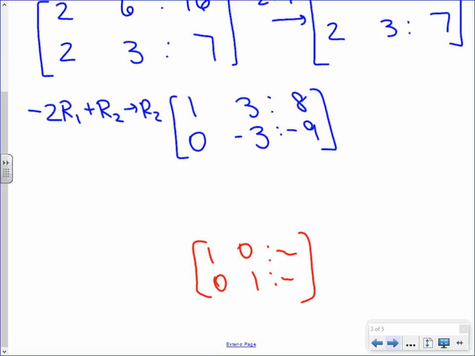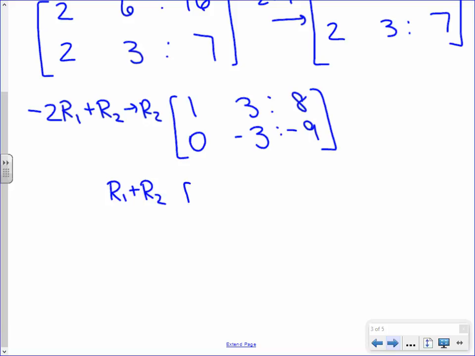So we know that this needs to be a 0 and this needs to become a 1. We all know that multiplying that third row by negative 1/3 is going to create this to be a 1. But if we want this to be a 0, Jackson's saying, can we just add the 2 rows together right now? Yes, we can. So we can take row 1 and add it to row 2.